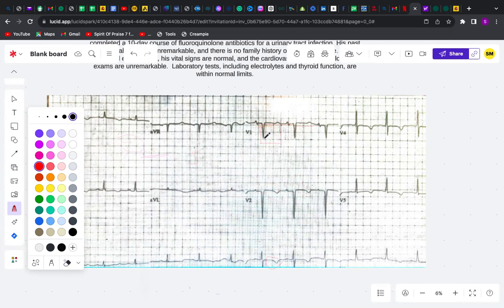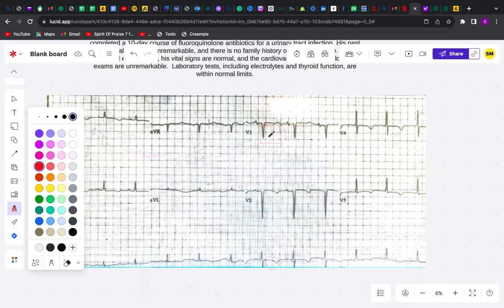If you count the smaller boxes, you multiply by 40 milliseconds, or if you count the large boxes, you multiply by 200 milliseconds, to get the QT interval and know whether it is prolonged or short. So this one is almost like three large boxes.